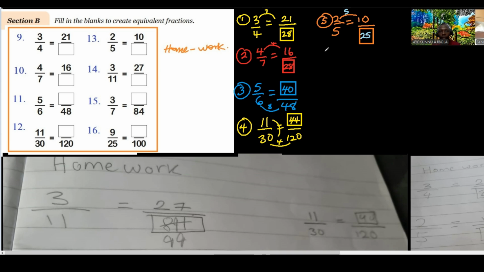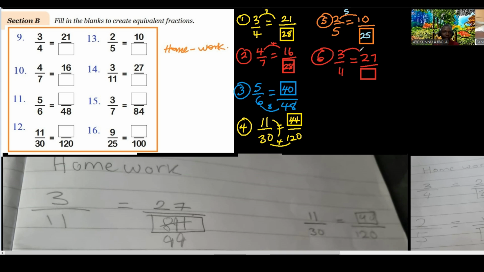So, number 6, I have 3 over 11 equal to 27 over something. 3 times what will give me 27? 3 times 4?